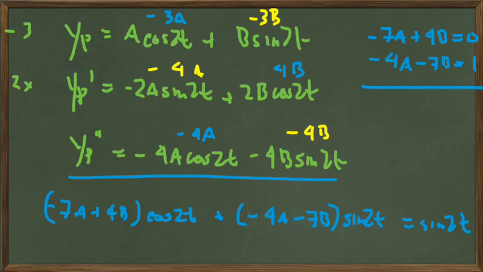Multiply the top equation by 4 and the bottom equation by minus 7. So we get what? Minus 28a plus 16b is 0.